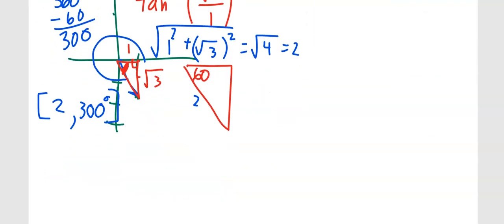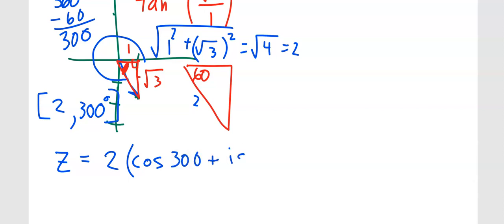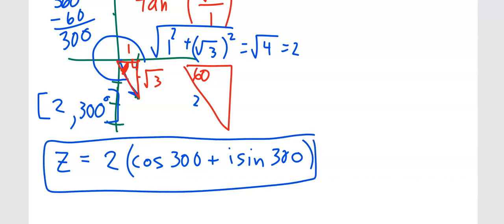So its polar form, z, would be 2 cosine 300 plus i sine 300. And that would be our final answer for that. And that is 300. Sorry, that was a bad looking 0 right there. Try to do a better one. There we go. That's a little bit better.